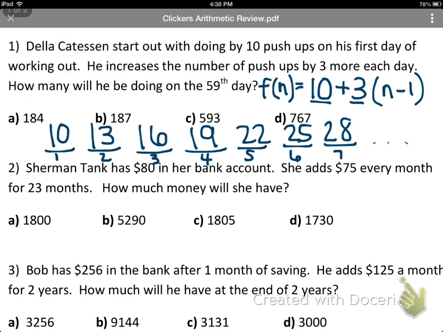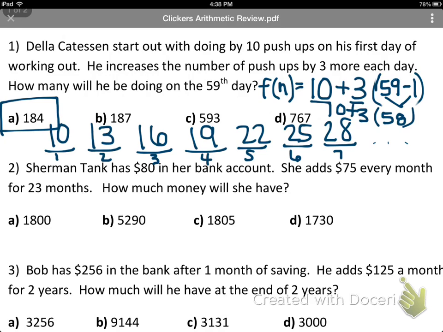But we want to know how many on day 59. So we plug in 59 for the n, and so 59 minus 1 is 58. Times that by 3, add 10 more, and our answer should be 184.